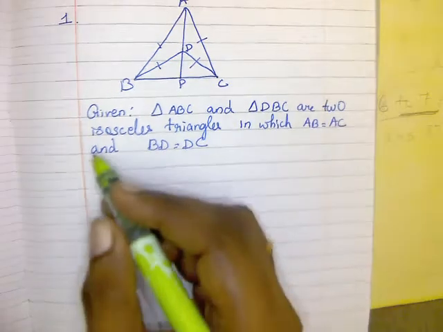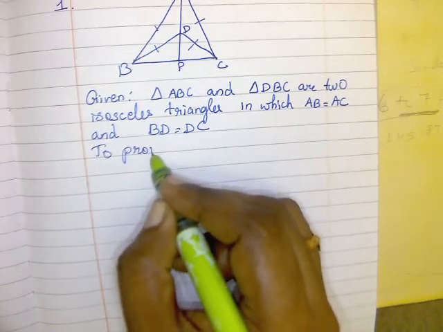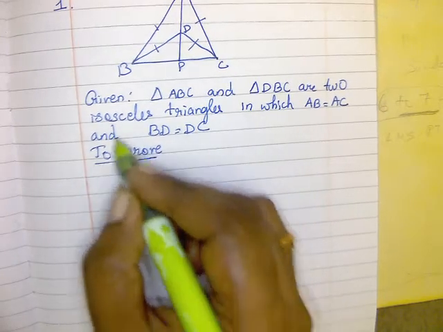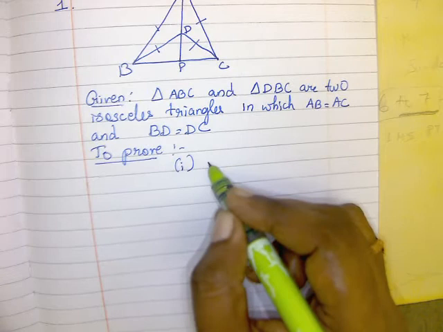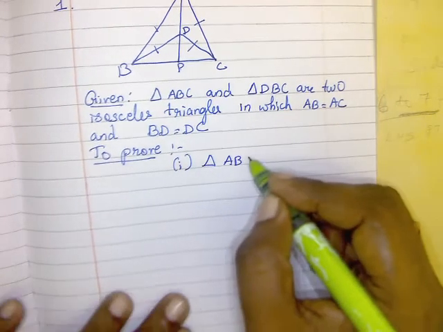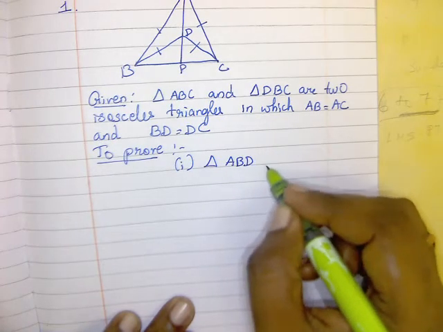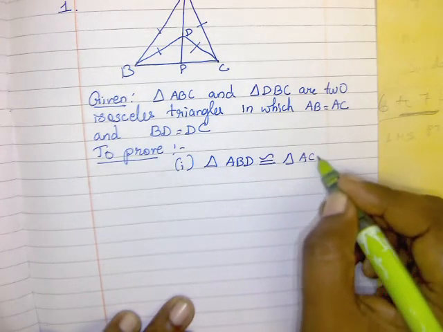Now to prove, what you have to prove? To prove, what is the first one? Triangle ABD is congruent to triangle ACD.